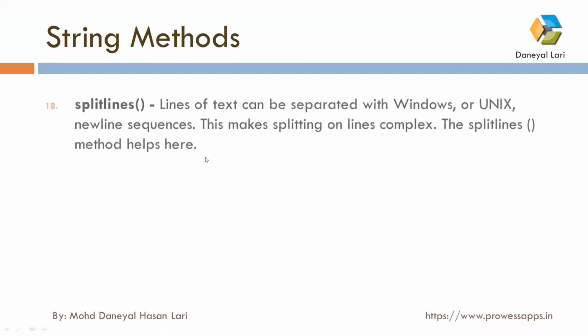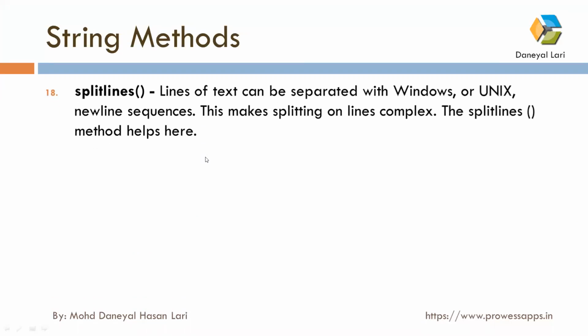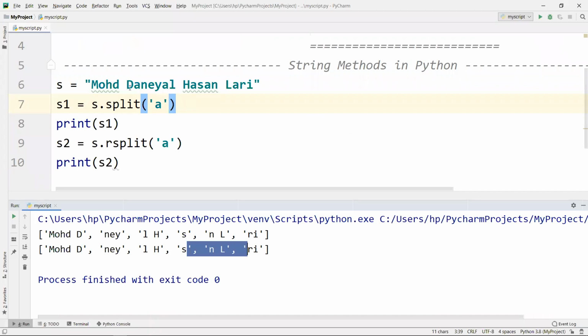Next method is split lines. Suppose you have one string that contains multiple lines. You can have a slash n in your string. Slash n is called the new line character.